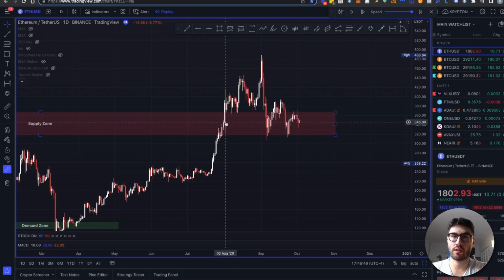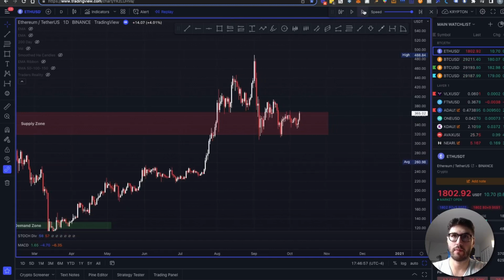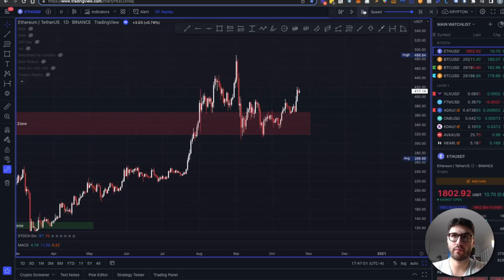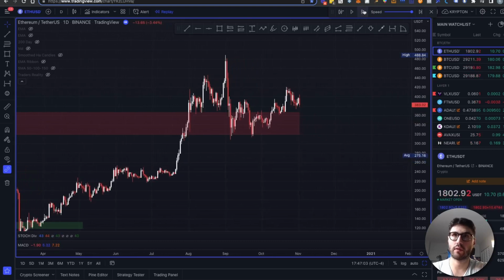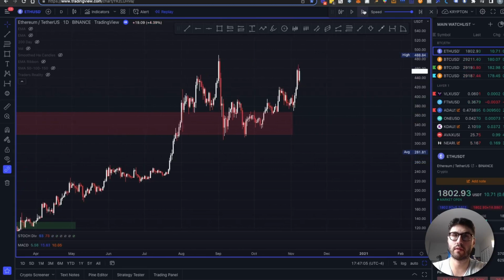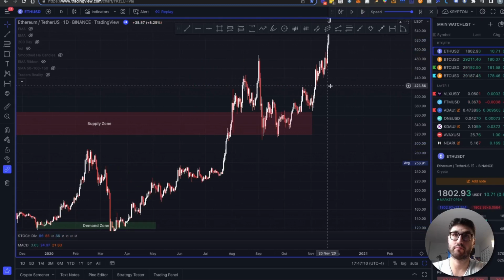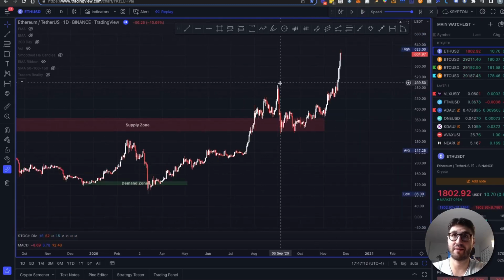Once you see this break of structure right here, the liquidity is sitting in this area right here. So it's likely the price will trend lower again, and maybe not, right? I'm just playing the bar replay tool, and no, it shoots higher right here.